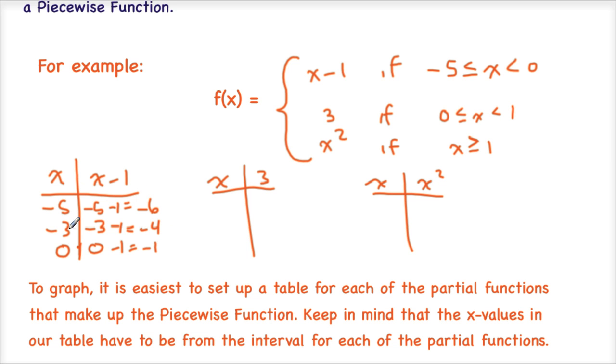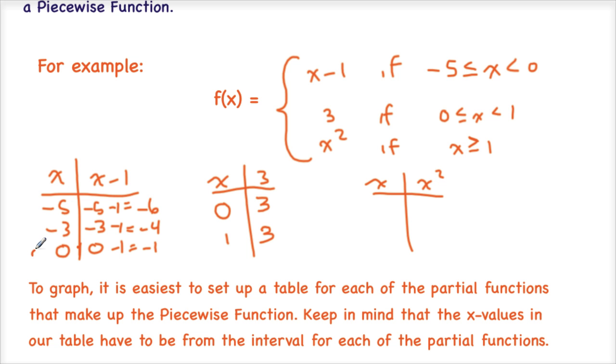It's a good idea when we're making the table to use the endpoints of the interval so that we'll have an idea of what the graph looks like between there. So f of x equals 3 from 0 to 1. Okay, so this is a constant function. So when x is 0, f of x is 3. And when x is 1, f of x is 3, and that's going to be an open point.